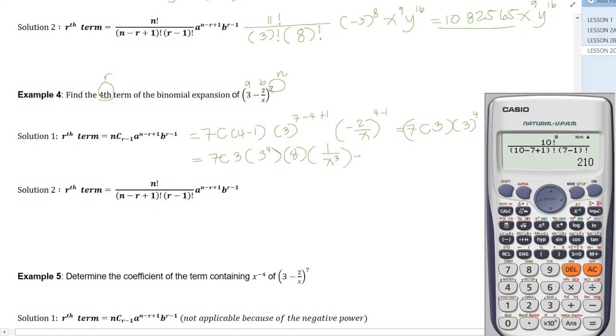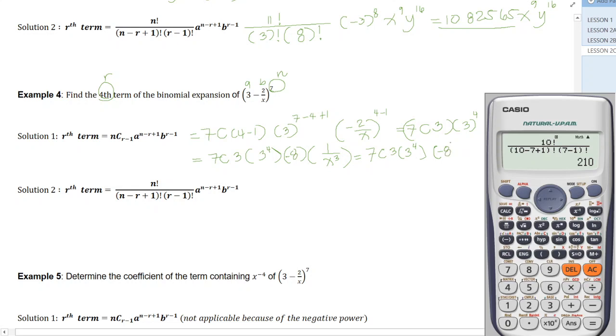Okay, so simplifying that further, that is 7c3 multiplied by 3 raised to 4 multiplied by, of course, that is supposed to be negative. That is negative, since negative raised to odd is negative. That is negative 8.